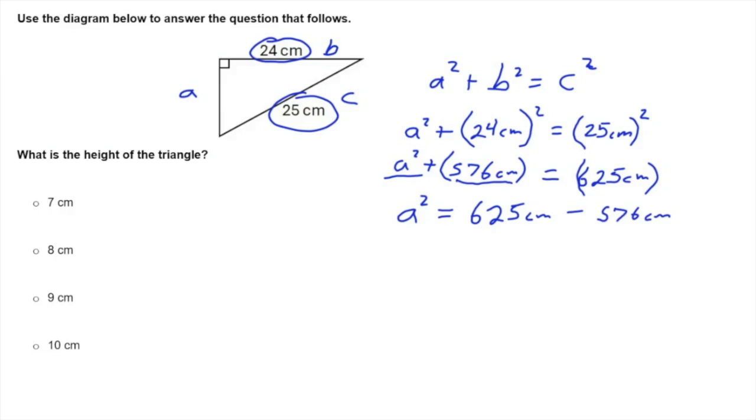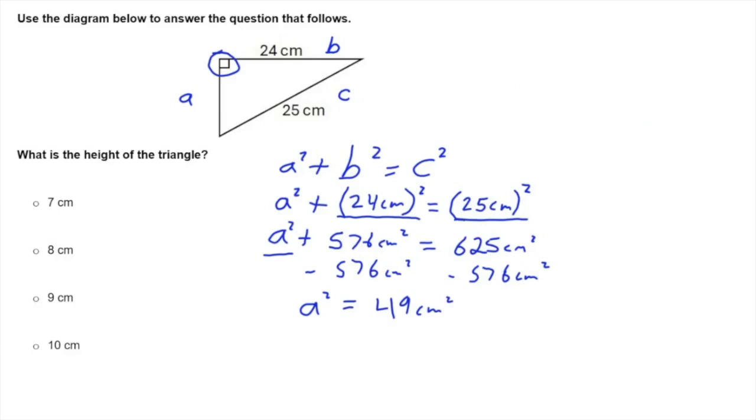Now let's calculate what we can. A squared equals 625 centimeters squared minus 576 centimeters squared equals 49 centimeters squared. So now once again, all we have to do is get rid of this pesky square and we are all set. Take the square root here and the square root there.